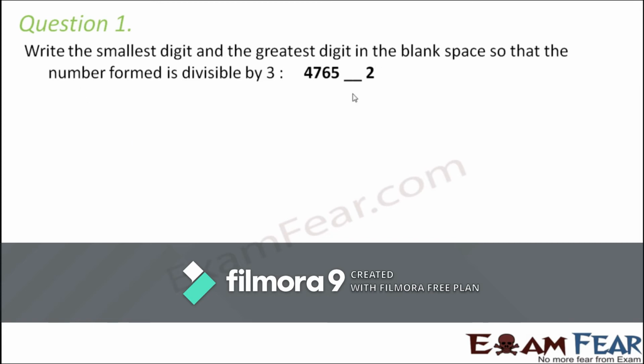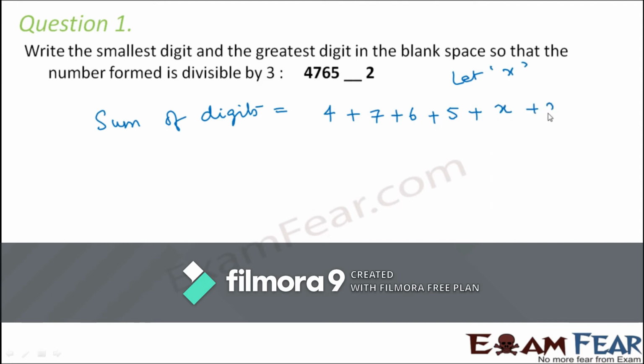So for this number to be divisible by 3, the sum of its digits, 4 plus 7 plus 6 plus 5 plus 2 plus the blank space, let us say the blank space is x. So we have to basically find the value of x. 4 plus 7 plus 6 plus 5 plus 2 is 24, so 24 plus x is the sum of the digits.